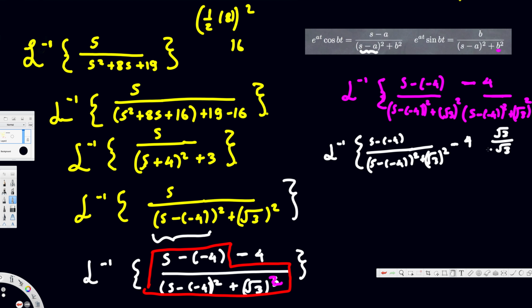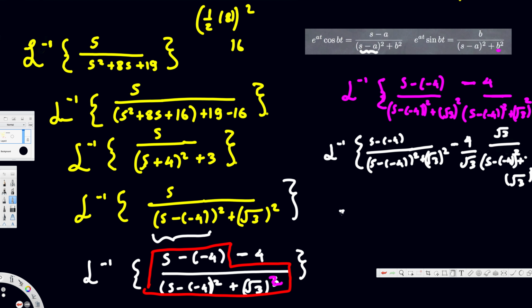So what we can do is we can bring that root to the front. So this is going to be 4 over root 3, 4 over root 3, and here we are going to have root 3 over s minus minus 4 whole square plus square root of 3 square. Okay, now we can go ahead and write in this pattern. That's going to be our Laplace transform.